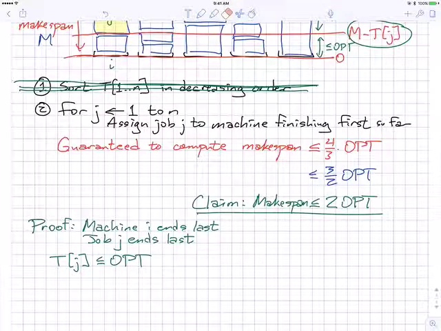I'm trying to prove that optimum is greater than or equal to something, which I eventually will put together to get the makespan.